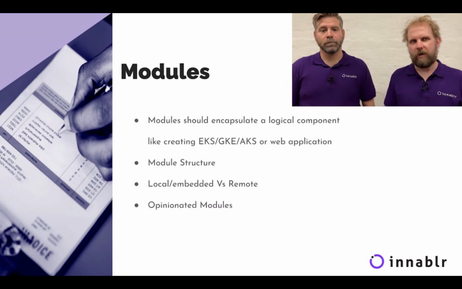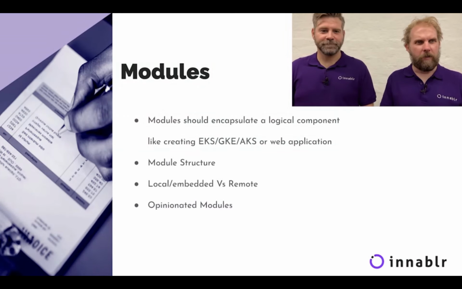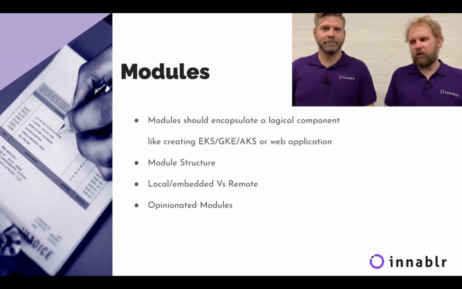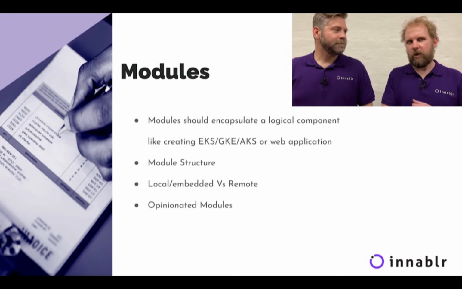So another thing to consider when building this stuff out is the use of modules. As Simon showed before, if we focus our state files around logical groupings, that helps a lot. We can also take a similar approach with modules and build them around logical reusable components.